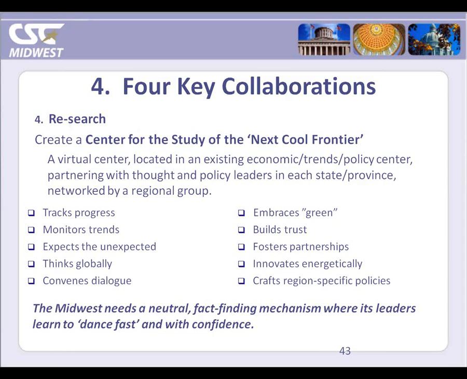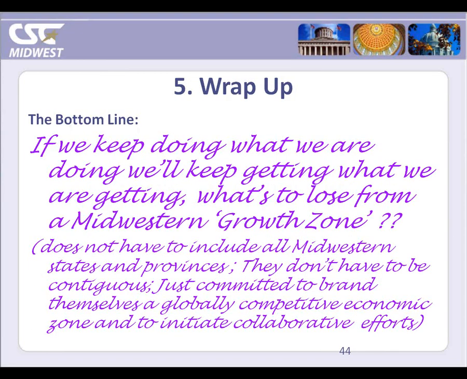Tracking progress, monitoring trends, making sure that people are well up to date with what's happening not only within the Midwest, but also in our competitor regions, so that we can be far more strategic in how we move forward into a much more competitive position. So with that very quick summary, let me hand it back to you, Heath.